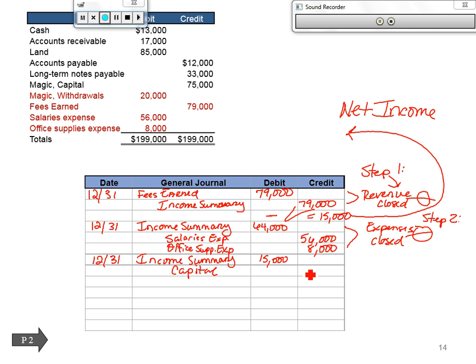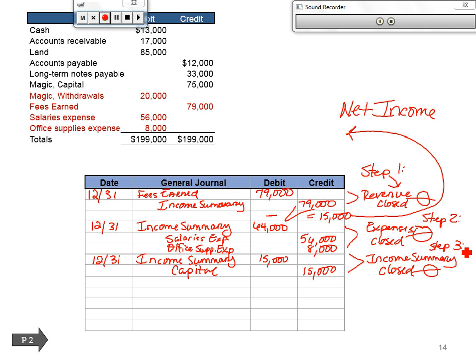So that's what we're closing into capital. So we can honestly say now what is closed? Income summary is closed to 0. And that was step 3.